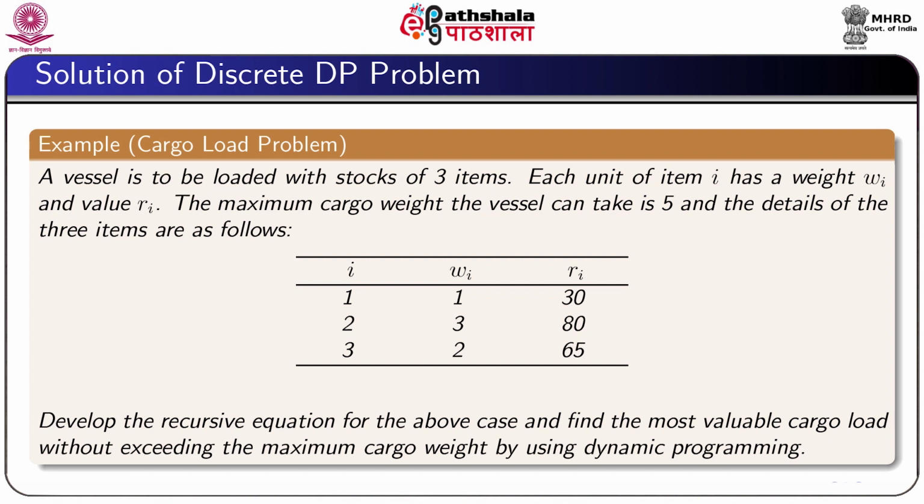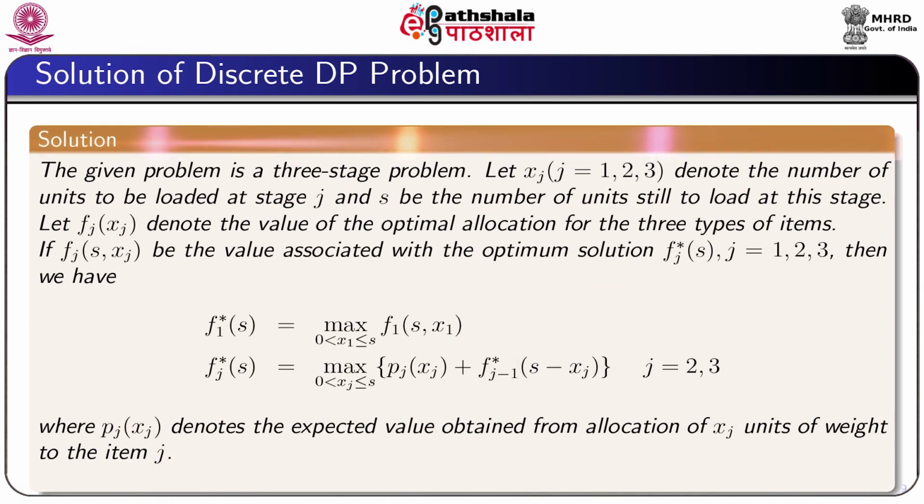Develop the recursive equation for the above case and find the most valuable cargo load without exceeding the maximum cargo weight by using dynamic programming. Here we have to determine how many units of the 3 items, item 1, 2 and 3, to be loaded. So, it is a 3-stage problem, and we assume xj as the number of units to be loaded at stage j, and s be the number of units still to load at this stage.